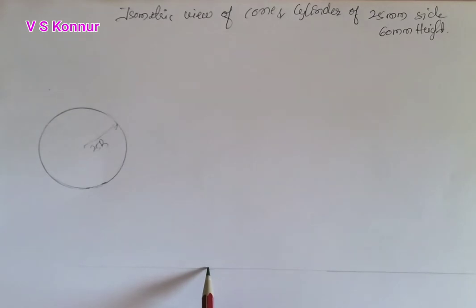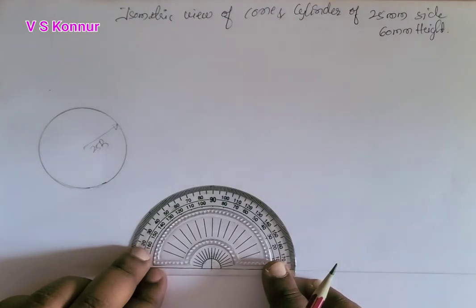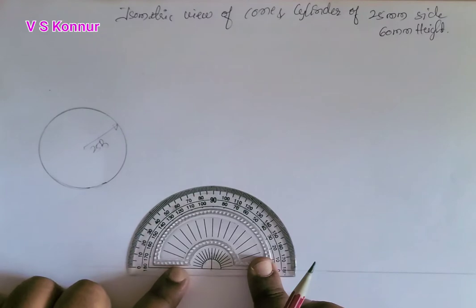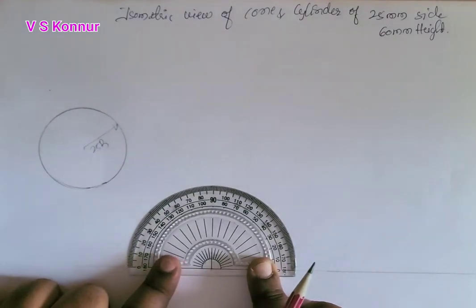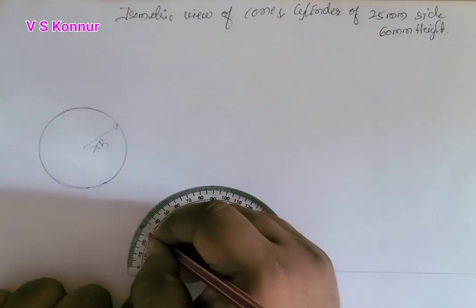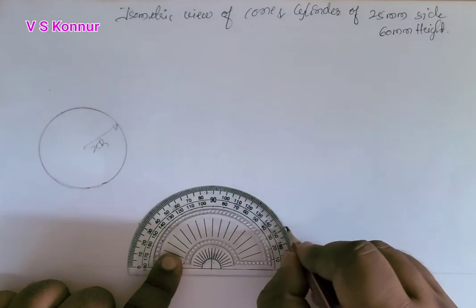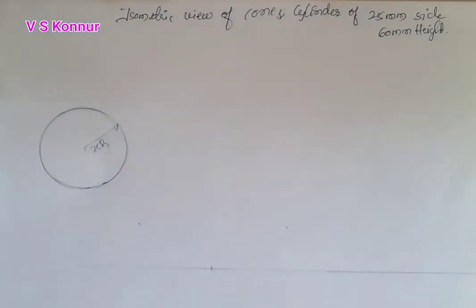First we'll mark a point here, then we'll take 30 degrees on either side, and then join with the scale.